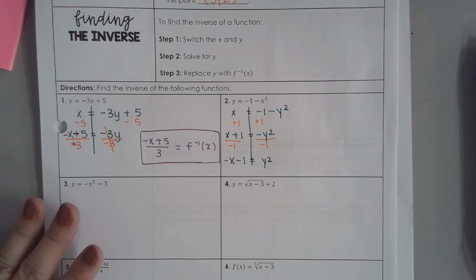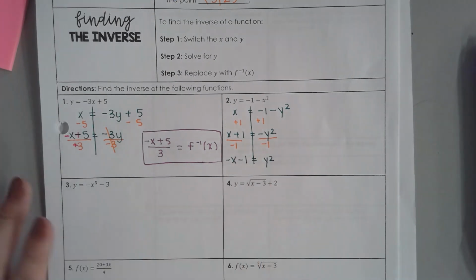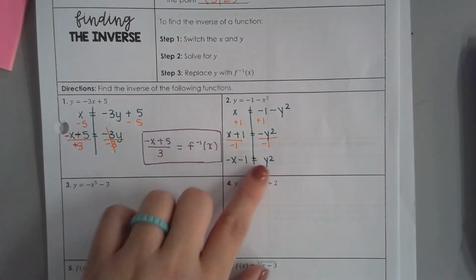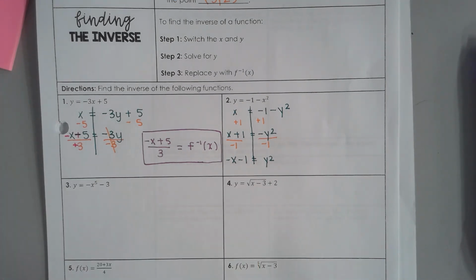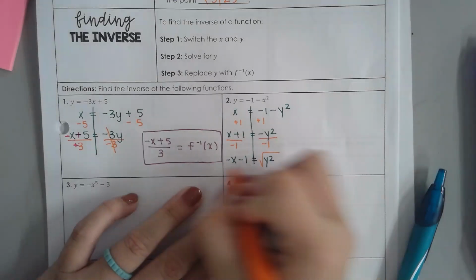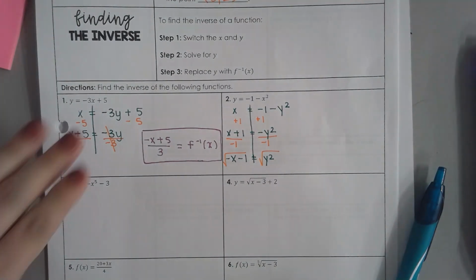So if I have a negative attached to a variable, I can just flip all the signs. Is y by itself? There's a squared. How do you get rid of the squared? Good job. And that does give me y by itself.